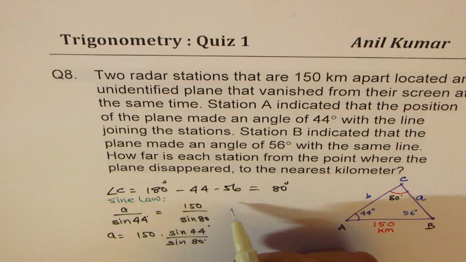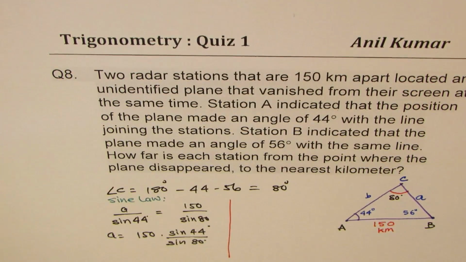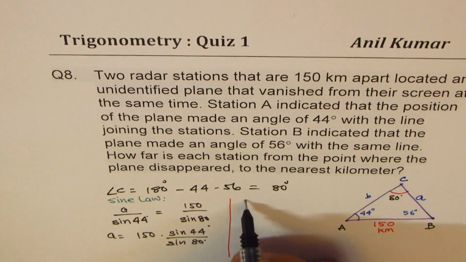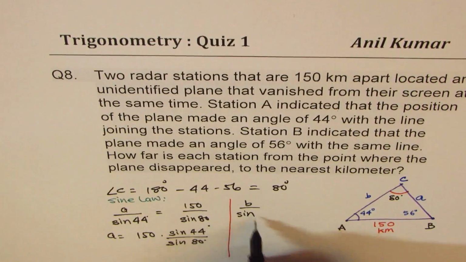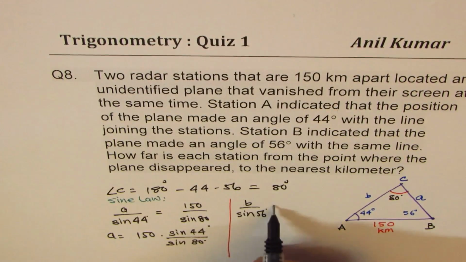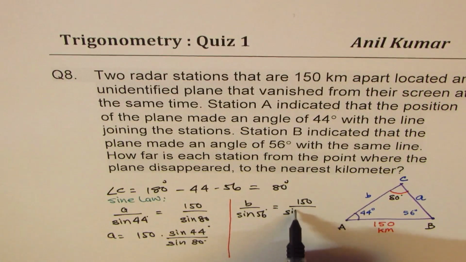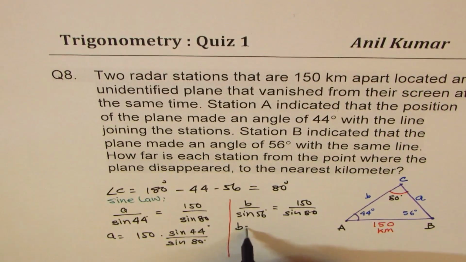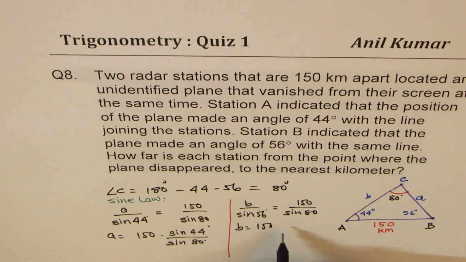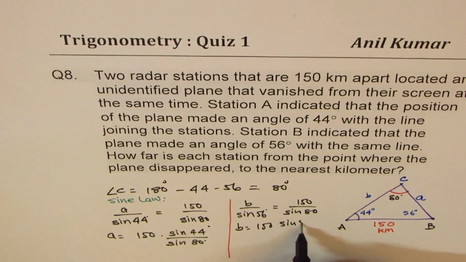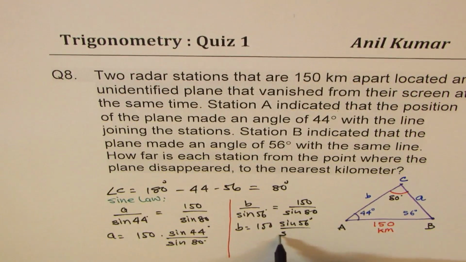We can always calculate this. Similarly, for this also we'll say B over sine of 56 degrees is equal to 150 over sine of 80 degrees. So B is equal to 150 times sine of 56 degrees divided by sine of 80 degrees, right?